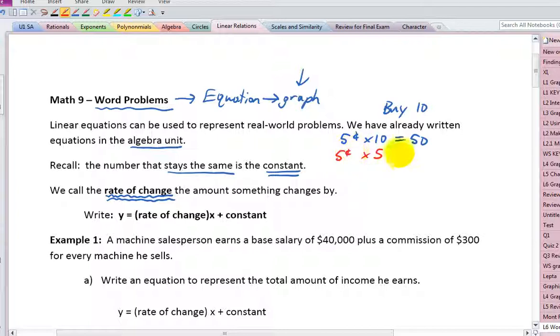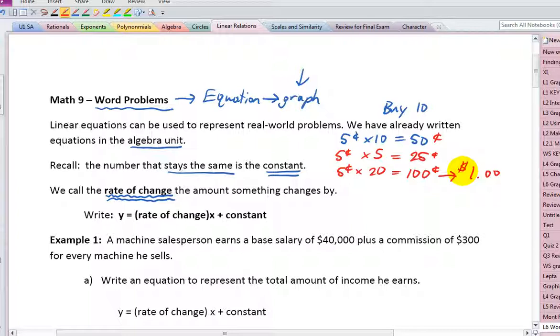Well, 5 cents times 5, that'll cost you 25 cents. Okay. What if you go in the store and you buy 20 candies? So 20 candies times the rate of change of 5 cents is going to be 5 times 2 is 10, plus the other 0, 100 cents. And most of you are thinking, how much is that? Exactly, $1. Okay, so you've got to watch for your units as well.